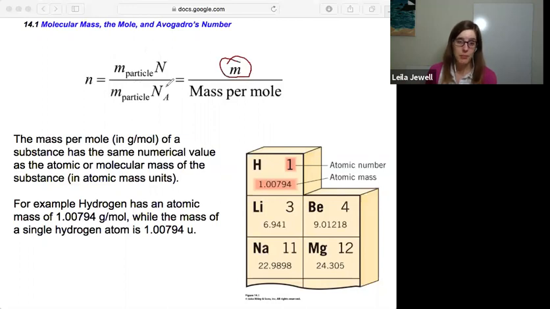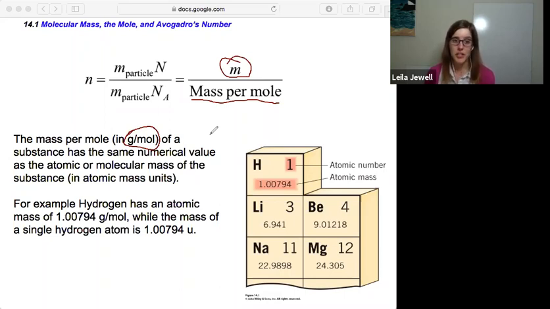If we have the mass of the particle times Avogadro's number, that will give us something known as the mass per mole. So the mass per mole is going to be in units of grams per mole. And it has the same numerical value as the atomic or molecular mass of the substance in atomic mass units.